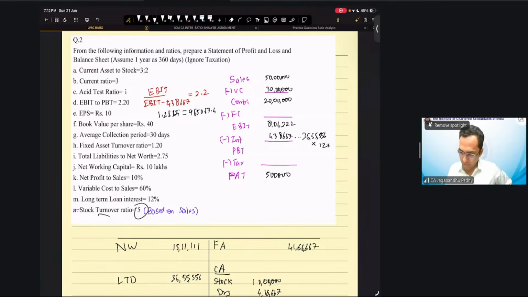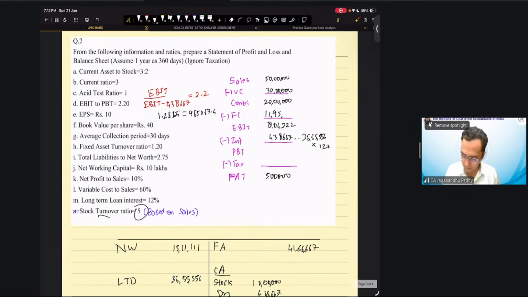So we have the differential figure as the fixed cost, which is 20 lakh minus 8 lakh 4,222, which is 11 lakh 95,778.